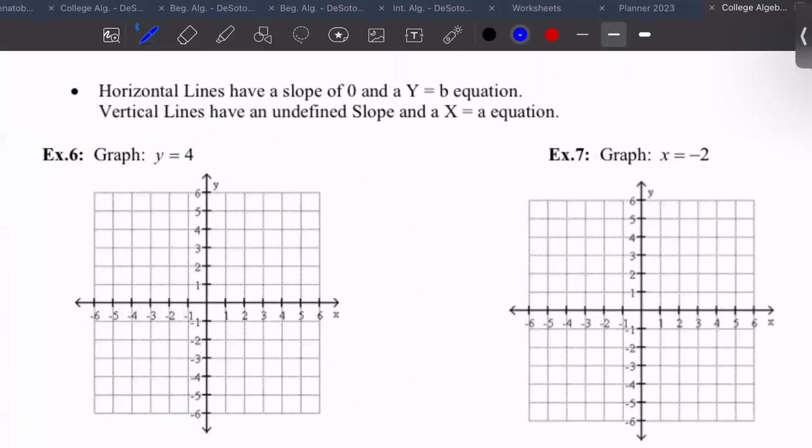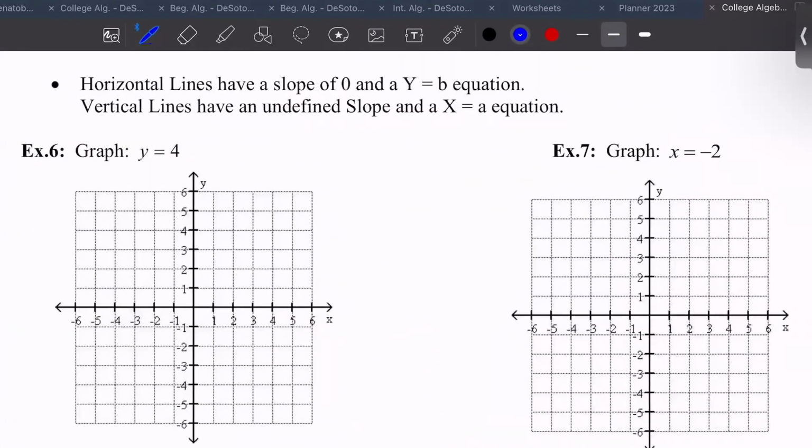All right. We also have horizontal lines and vertical lines, and we've gone over this a little bit. Horizontal lines have a slope of 0 and a y equals b equation. B is our y-intercept, remember?